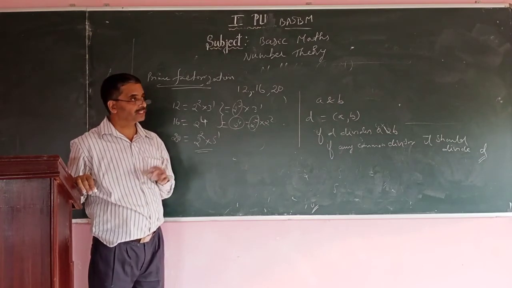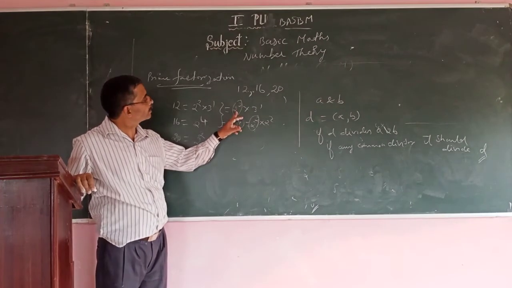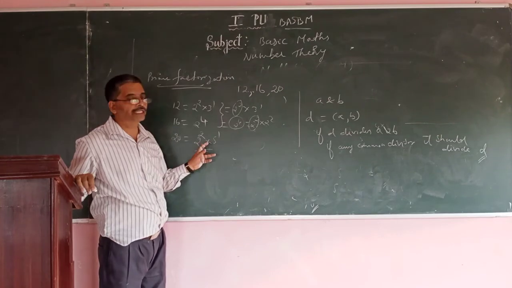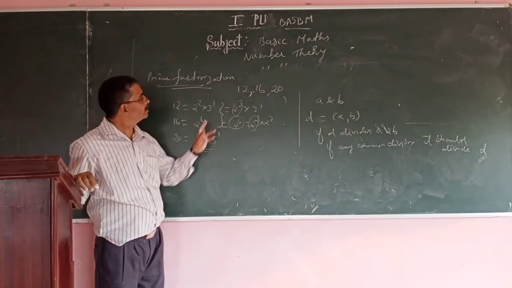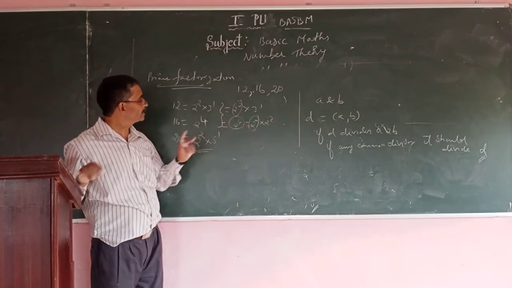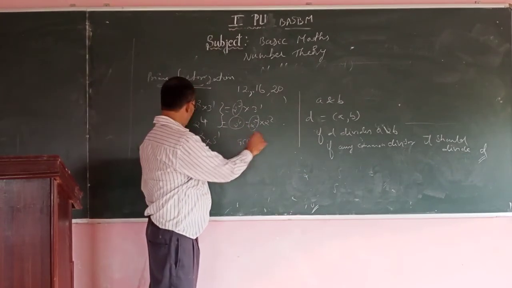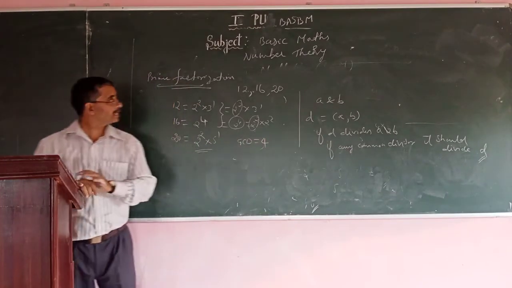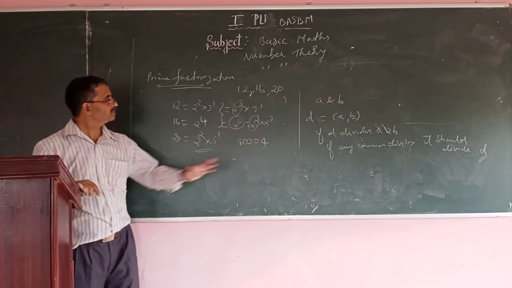Greatest common divisor should be common. So the highest power here is 2 square, here 2 square, here 2 square, common. So common means 2 square only. So the GCD of 12, 16, 20 is 4.